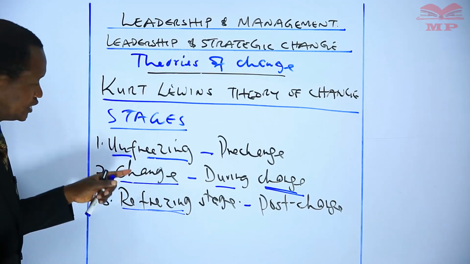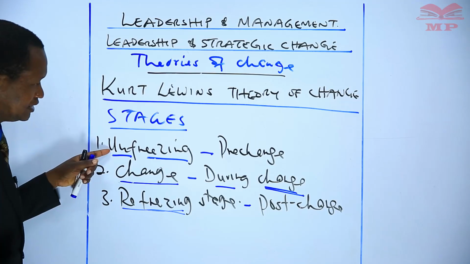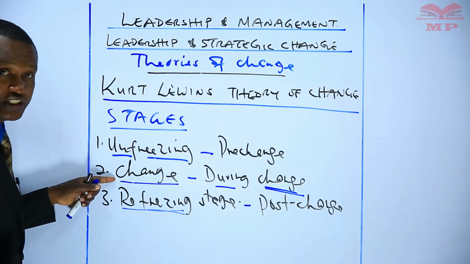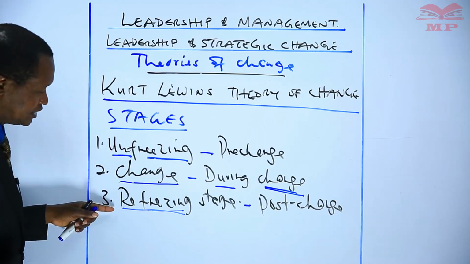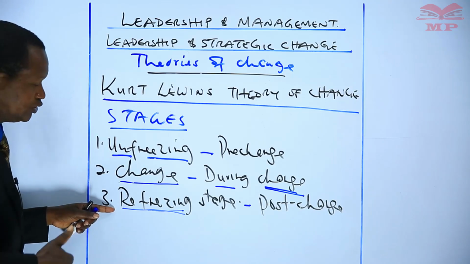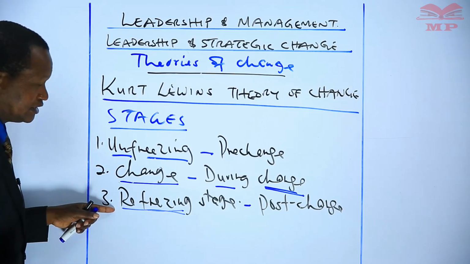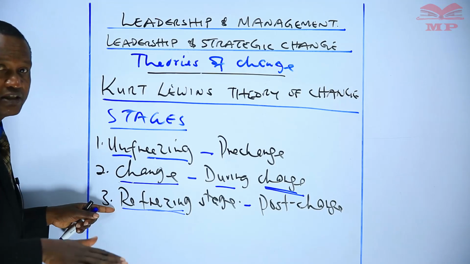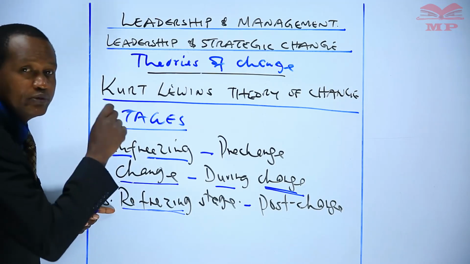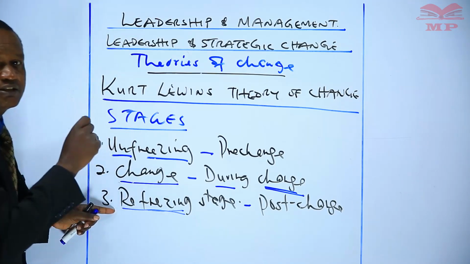Remember, it's a progression. Here there is unlearning, then employees are prepared for the change to take place. But in stage number 3, there has to be a new quasi-equilibrium that is set. The managers should ensure that there is no regression to the old behavioral patterns.